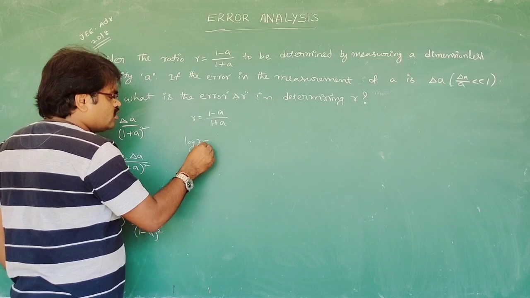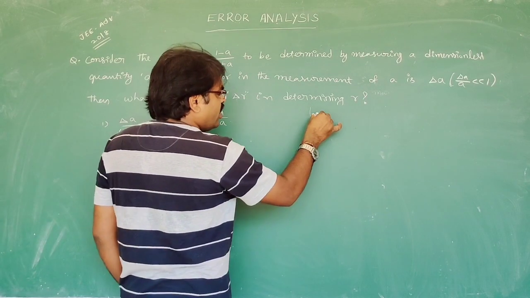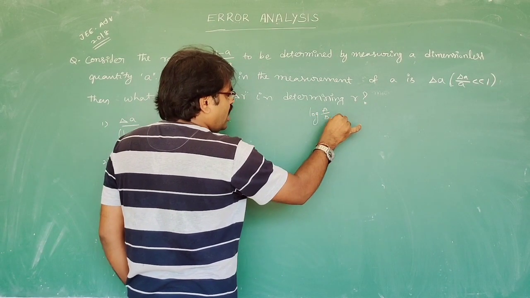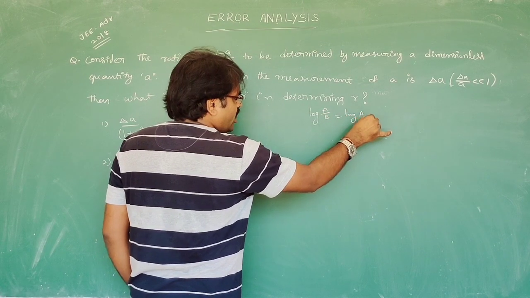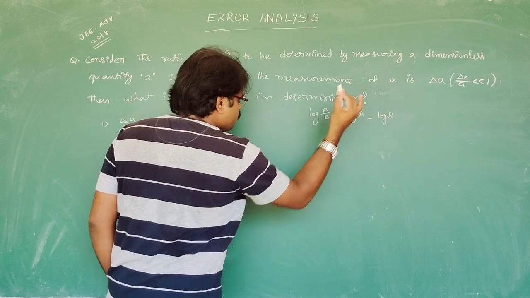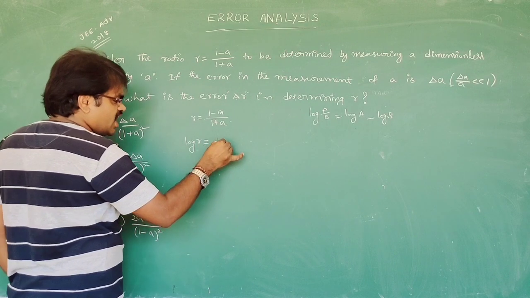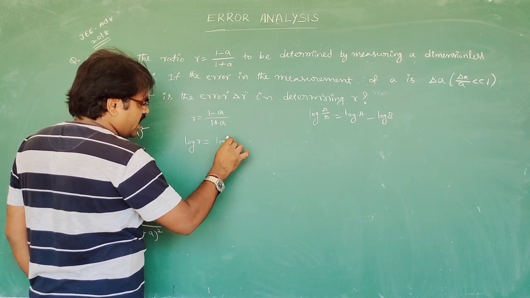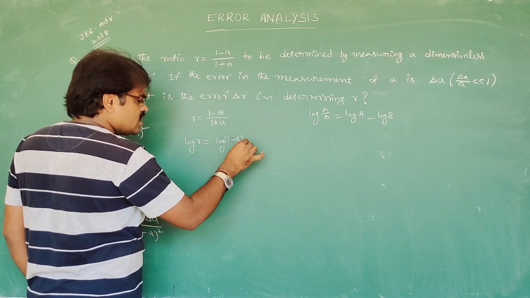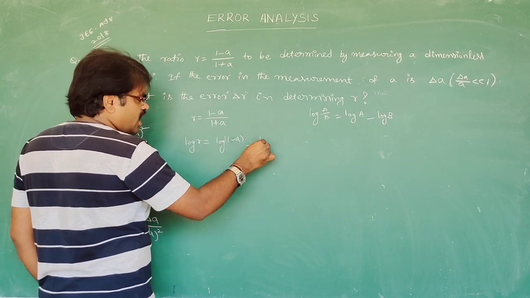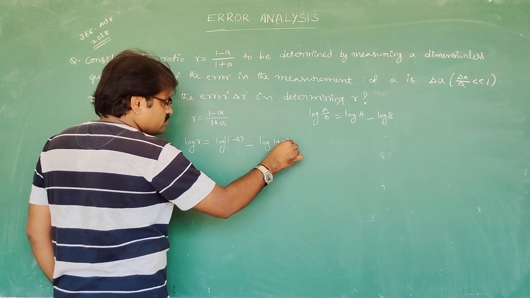Log r is equal to log of a by b, formula log a minus log b. Then we write log of 1 minus a minus log of 1 plus a.